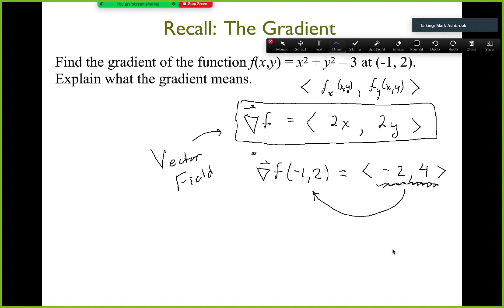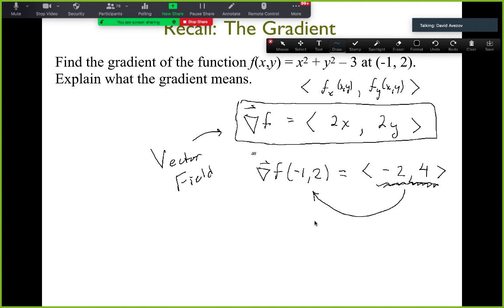So if we want to say that most directly, that's kind of an indirect way of saying what it is. A small change in a certain value correlates to a small change in the z value.